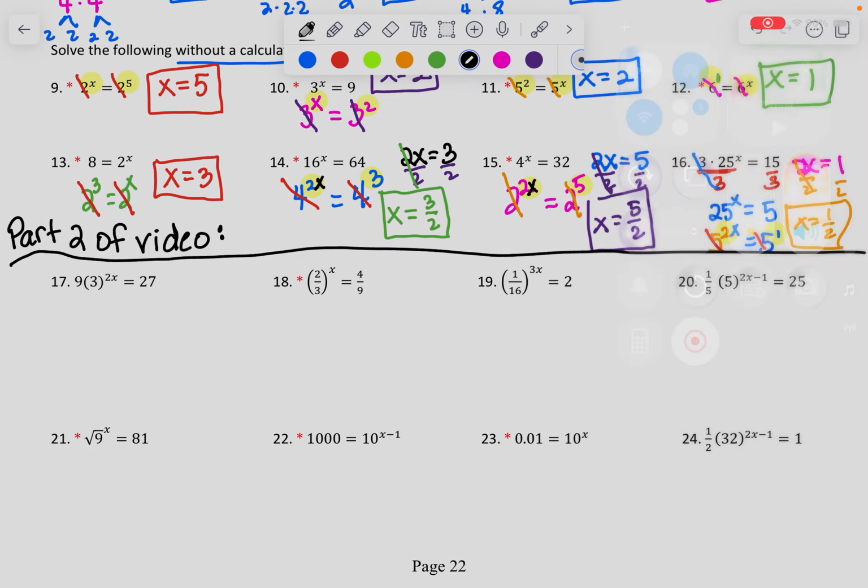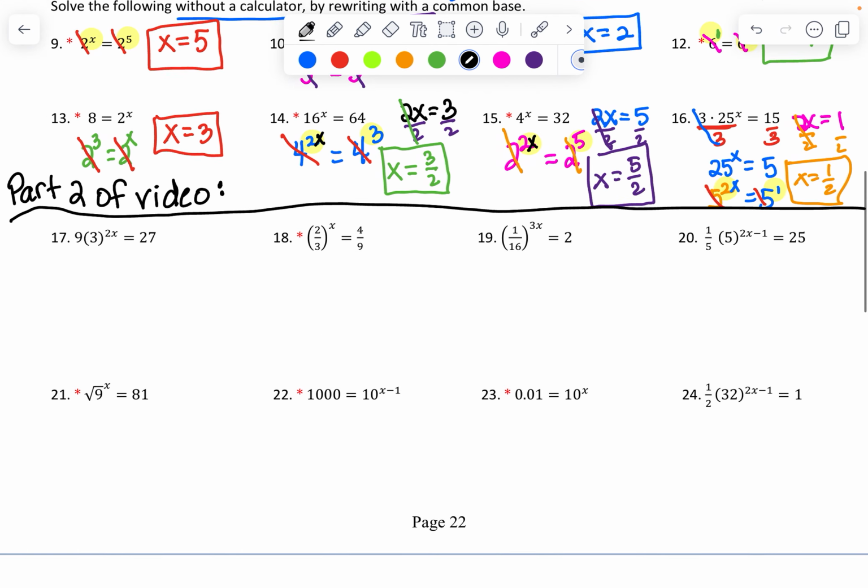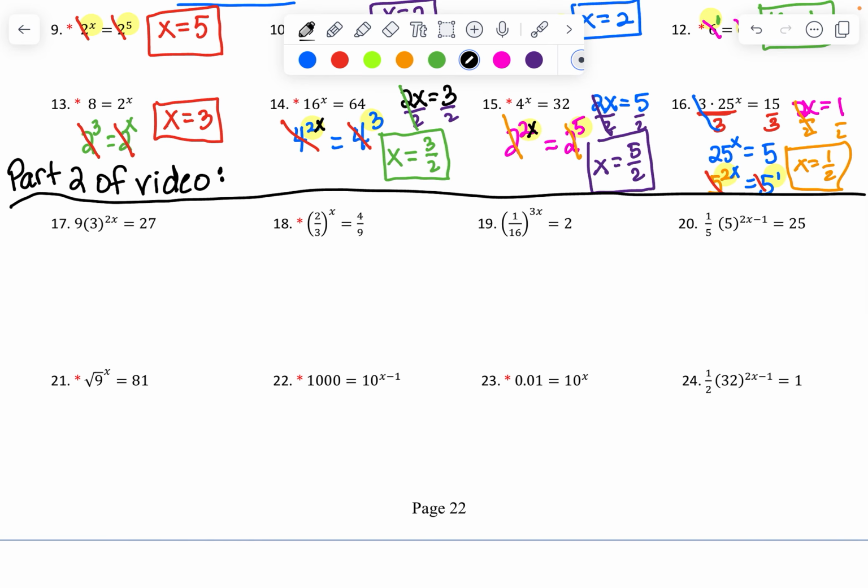And my answer is x is 1/2. Okay, this one looks a little weird, but think about it. If you had a 4, you can change that 4 to a 2 squared. And I could change this 9 to a 3 squared.